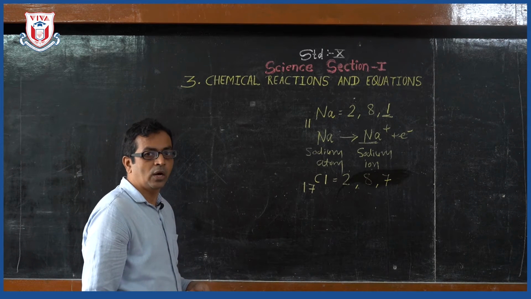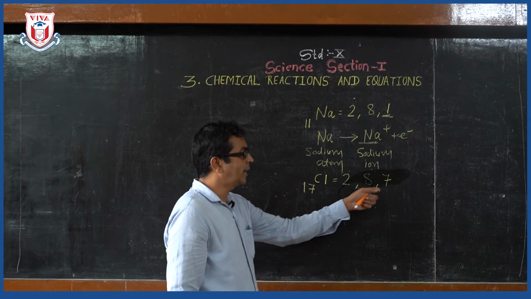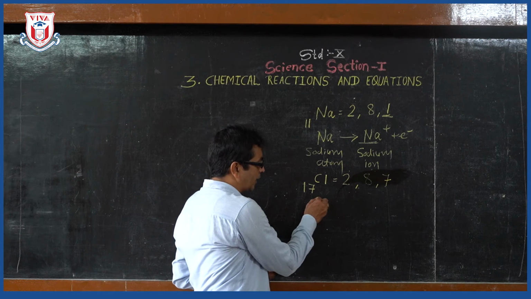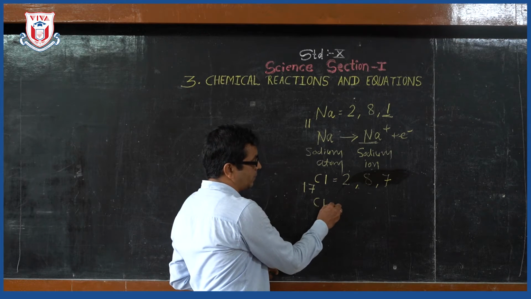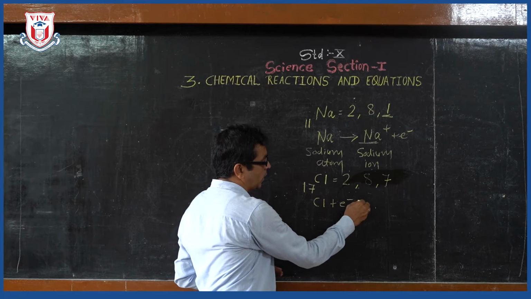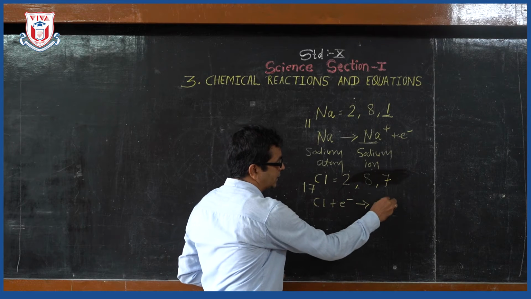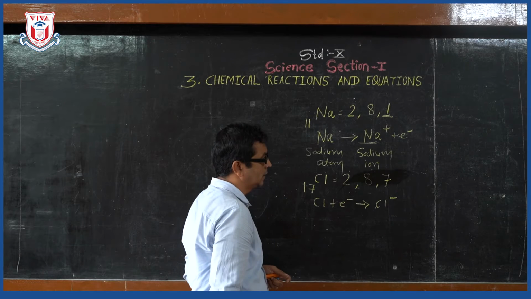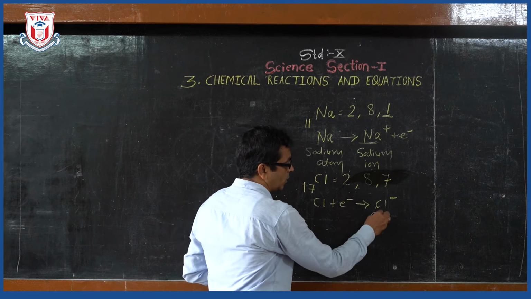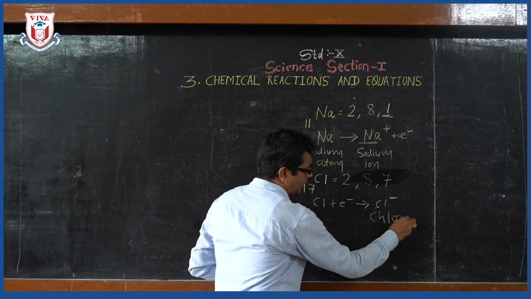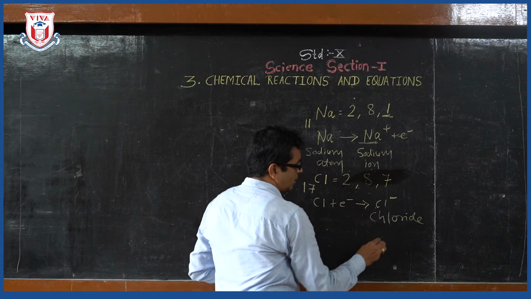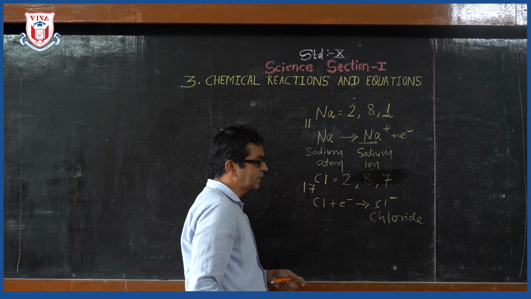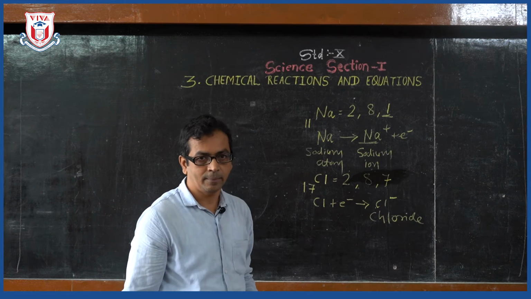So to complete the octet it requires 1 electron. So the chlorine atom will take 1 electron and convert into Cl minus. This is called a chloride ion, or you can say this is called an anion.